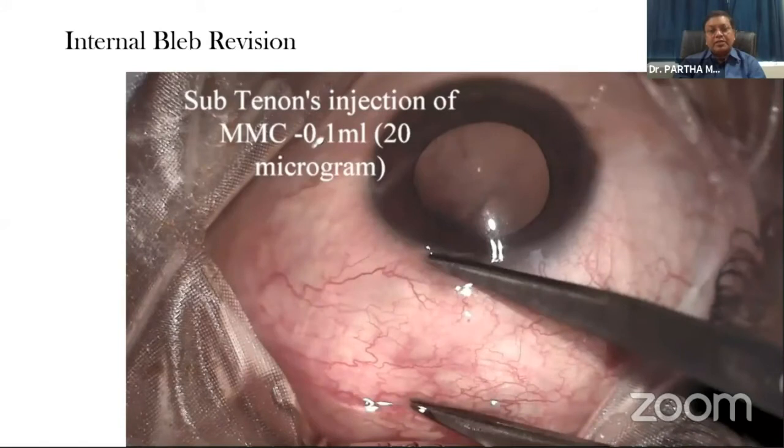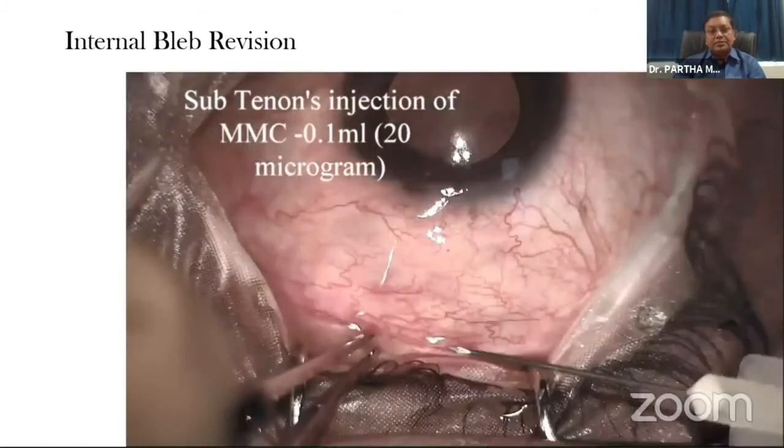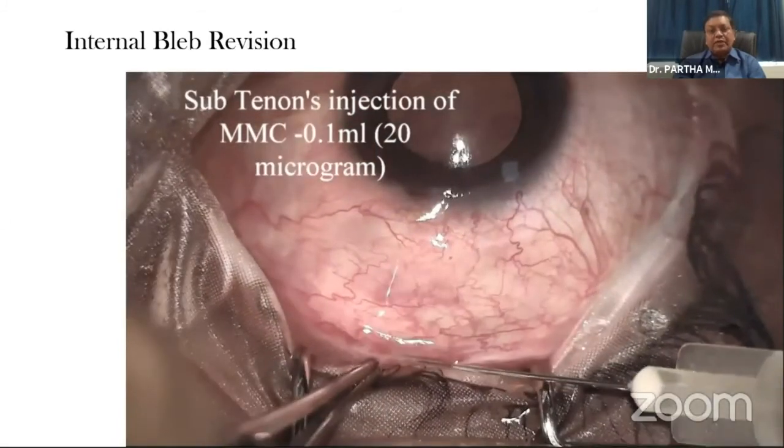This is internal bleb revision. I'm giving subtenon injections before doing the revision. This is away from the bleb.